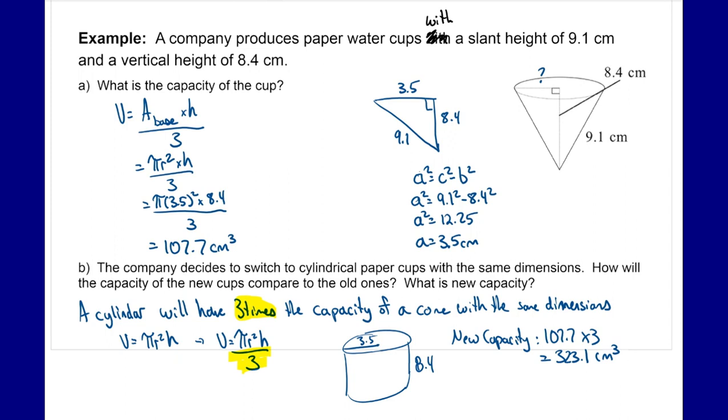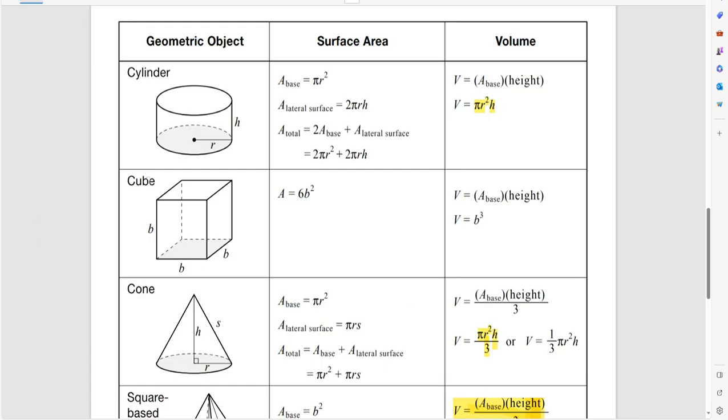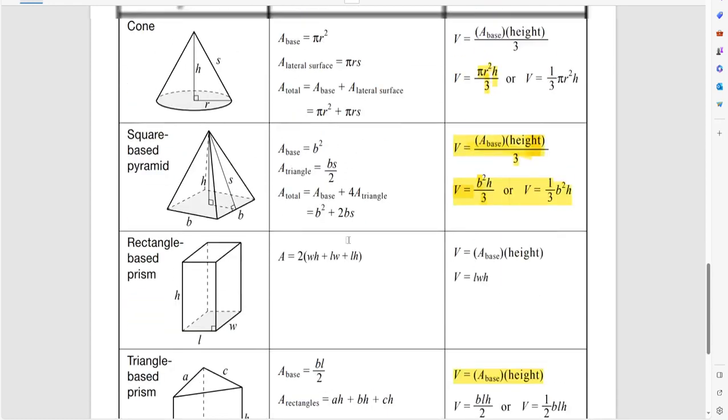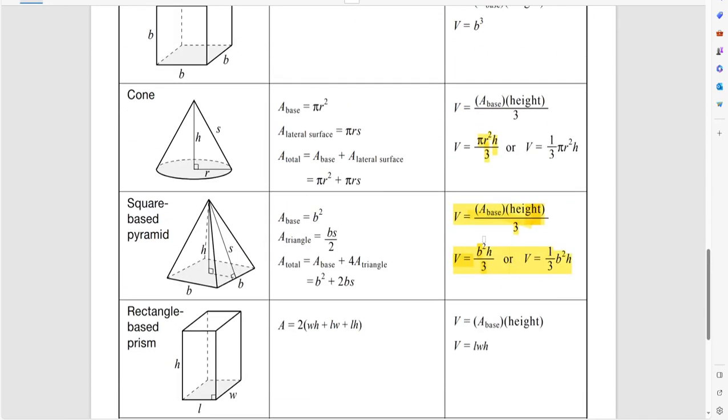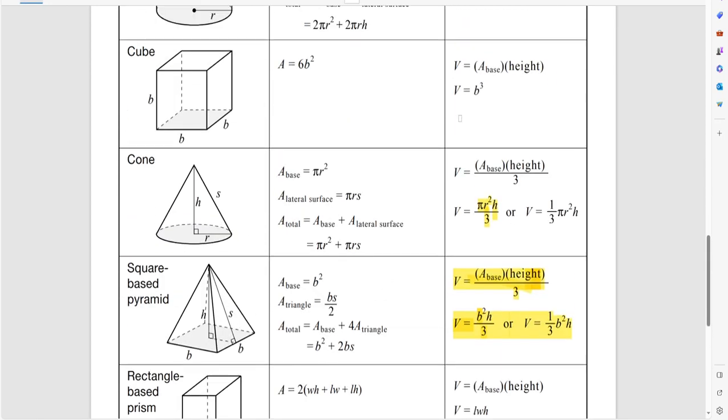Right, so making the comparison between a cone and a cylinder, if they have the same dimensions, is very straightforward. You're just multiplying the cone by 3. If you had vice versa, if you had the cylinder and you wanted to find the cone, take the cylinder and divide it by 3 to get the cone. If we look at our formula, we do see similar connections with a square-based pyramid and a cube.